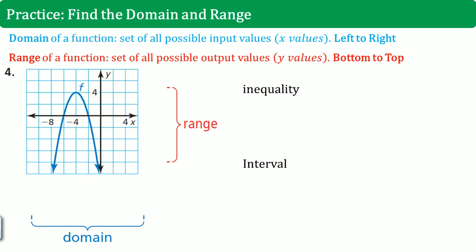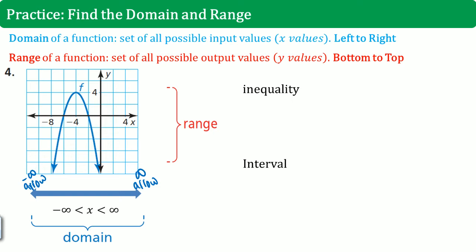Number 4, let's find the domain. The domain is when we look at it from left to right. From left to right, we saw that the arrow goes on forever. Arrow here goes all the way to negative infinity, and here it's the arrow and it goes all the way to positive infinity.